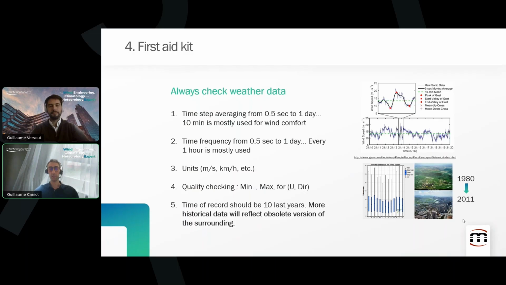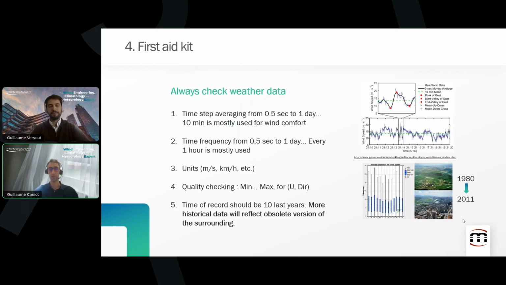You also need to check the quality. Very simple. Try to check the mean and the max for you and the direction. If you have values such as 999 for a long period, that could be an error of sensor. So be careful of that.